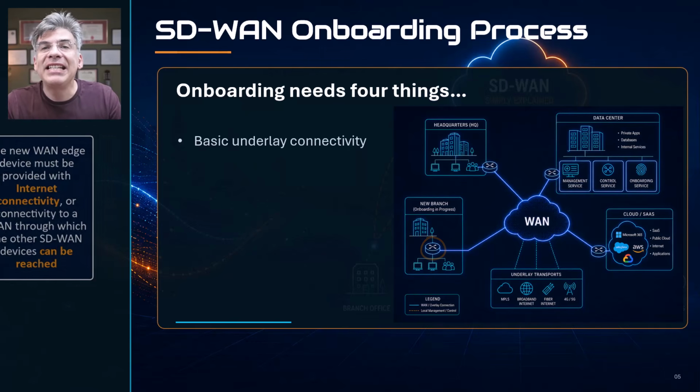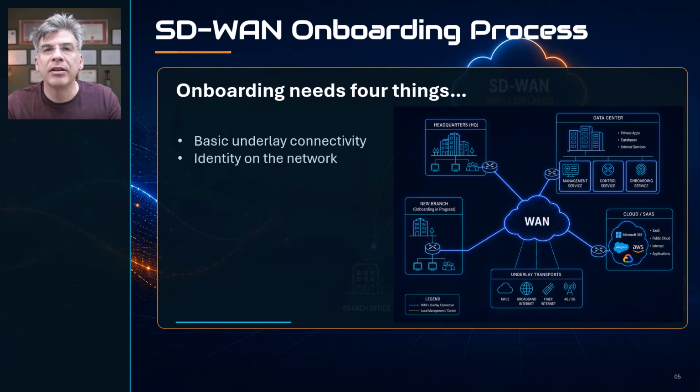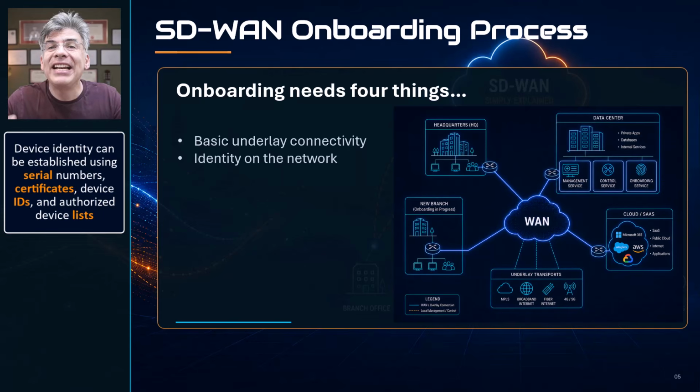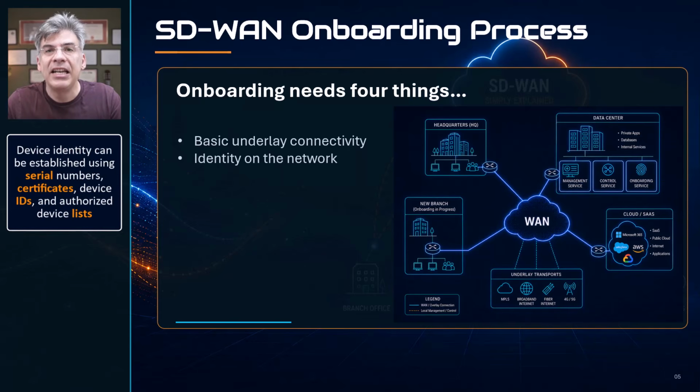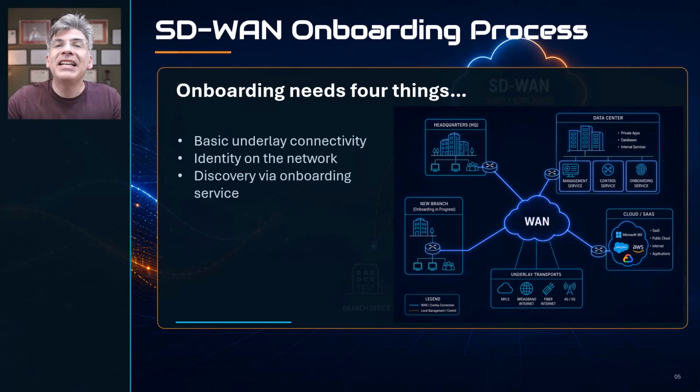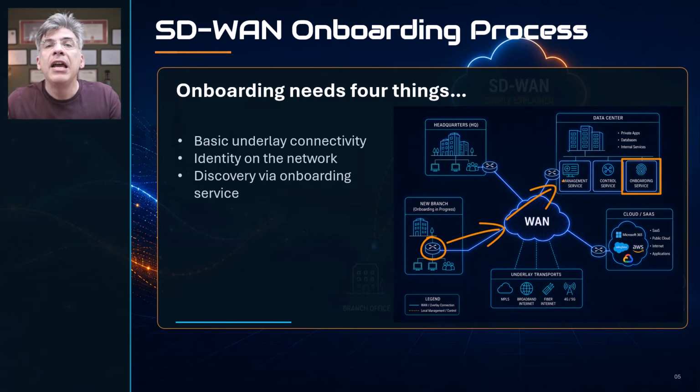Second, the device needs an identity on the network. The fabric must know which device this is. This may involve serial numbers, certificates, device IDs, or entries in an authorized device list, depending on the vendor and the method of deployment. Third, the device needs discovery. It must be able to find the SD-WAN onboarding or validation service, be discovered itself, and become trusted and processed.